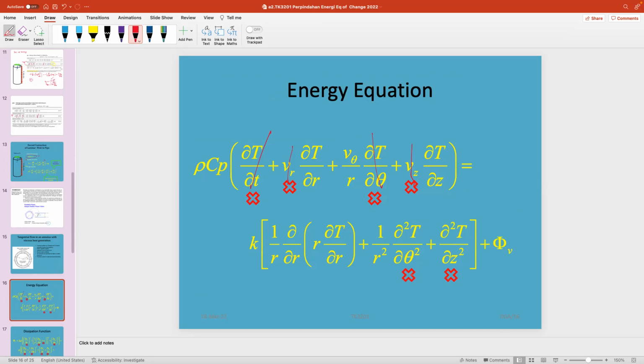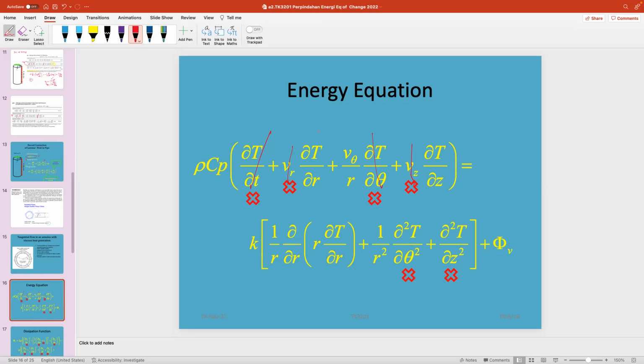We don't have the second derivative with respect to theta squared, and also ∂²T/∂z², we don't have that one either. So because of that, that's going to be the energy equation.